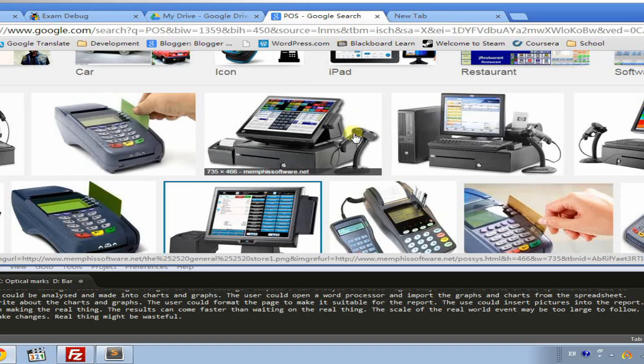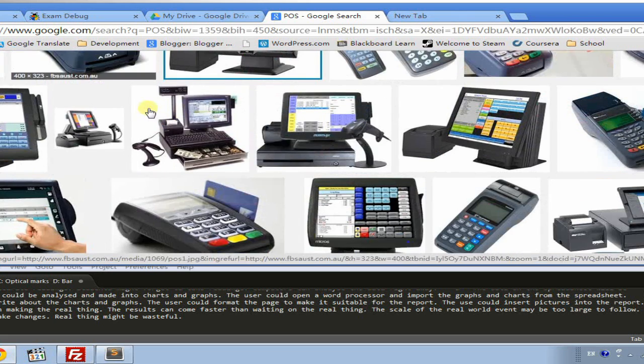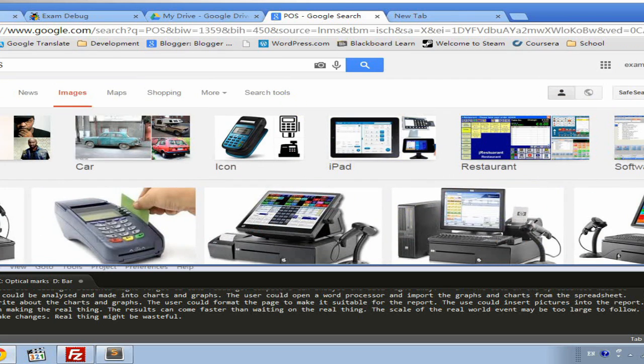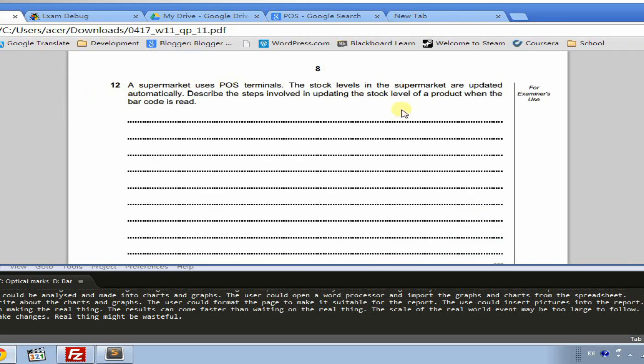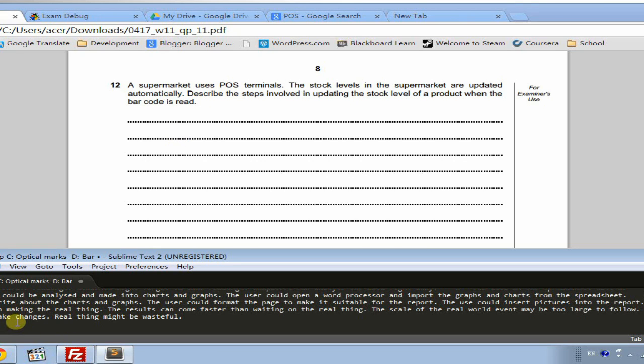So we're specifically talking about barcodes. So we're looking at a barcode reader. Be careful because these things are more like your electronic funds transfer at point of sale. So we're looking more at the barcode reader in this situation. So the supermarket uses these terminals, and the stock levels in the supermarket are updated automatically. So what are the steps that are going to happen?